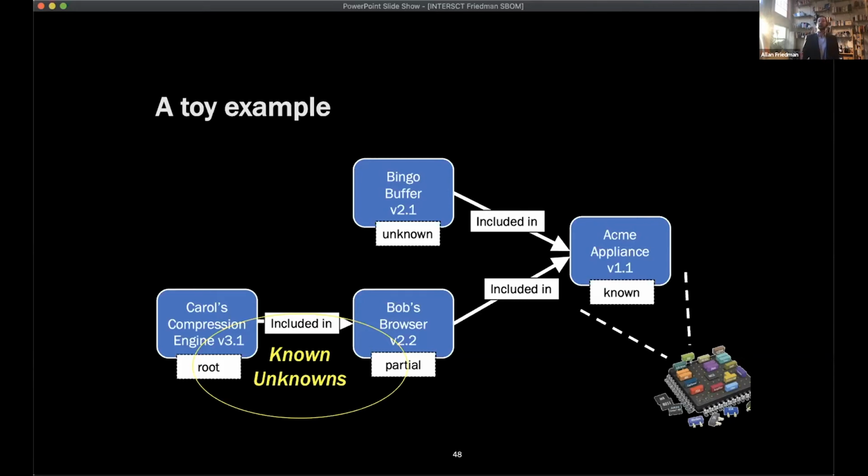And of course, Bob's Browser is partial. So in this case, we know that it contains at least Carol's compression engine. We don't know if it contains more. So this is the core of what we're trying to do in SBOM, to make this dependency graph, the directed acyclic graph, for those of you who are in the computer science world, part of how we talk about things, and making sure that we have some idea of what information is available and what isn't.